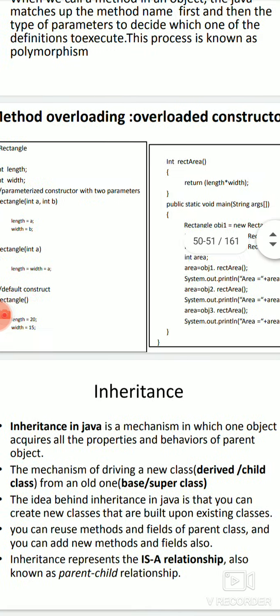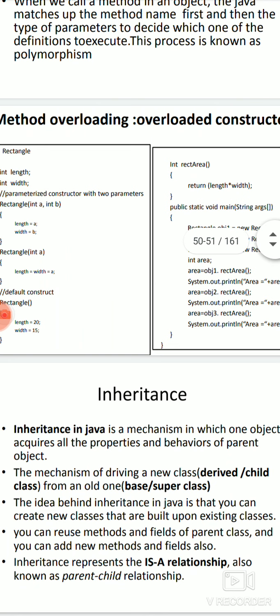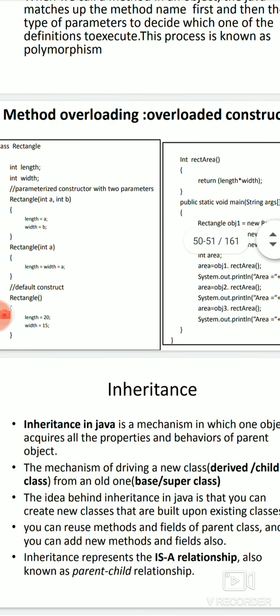Now we are moving to another section, in continuation of this part: rectArea. This is actually the next method or function, but it is not a constructor. Why? Because it does not have the same name as the class name. I have written the function definition as return length into width.